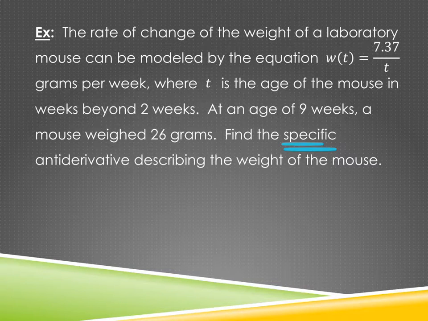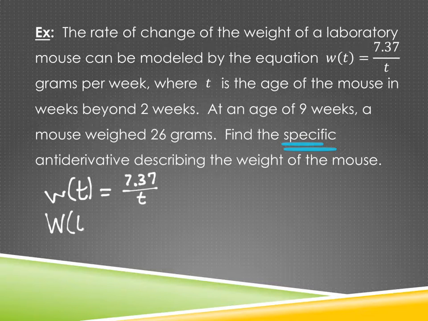So we're starting with a lowercase w of t equals 7.37 divided by t, and then it says grams per week. So we'll deal with the units later. What we're first going to find, though, is the general antiderivative. So lowercase w becomes a capital W. What is going to be the general antiderivative of 7.37 over t?